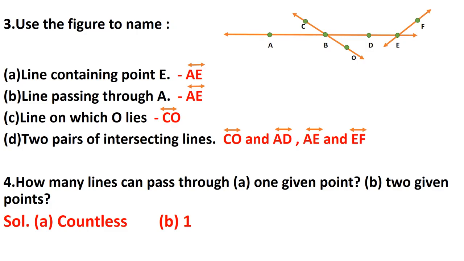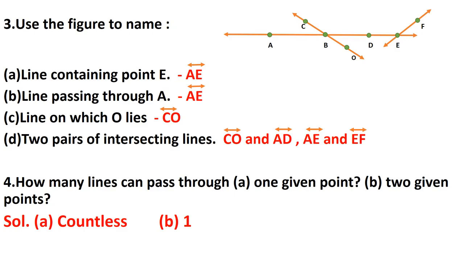The second question was, name the line given in all possible 12 ways, choosing only 2 letters at a time from the 4 given. See, one line is given and on this line 4 points are also given: A, B, C and D. You have to tell the names of all the lines possible by taking 2 letters at a time.